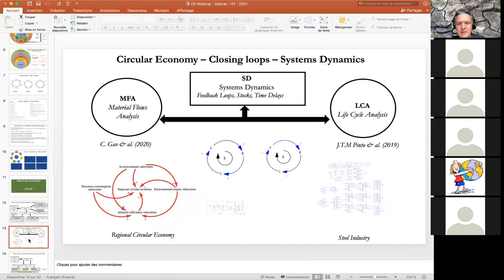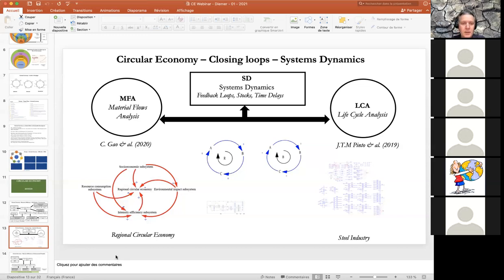And I should say the other design is the circular economy with closing loops. Today, the big issue is to reconnect some tools that we used to use, like MFA, material flow analysis, and life cycle analysis, with system dynamics. I mean, we have to talk about feedback loops, stocks, time delays, and flows, like I said before.